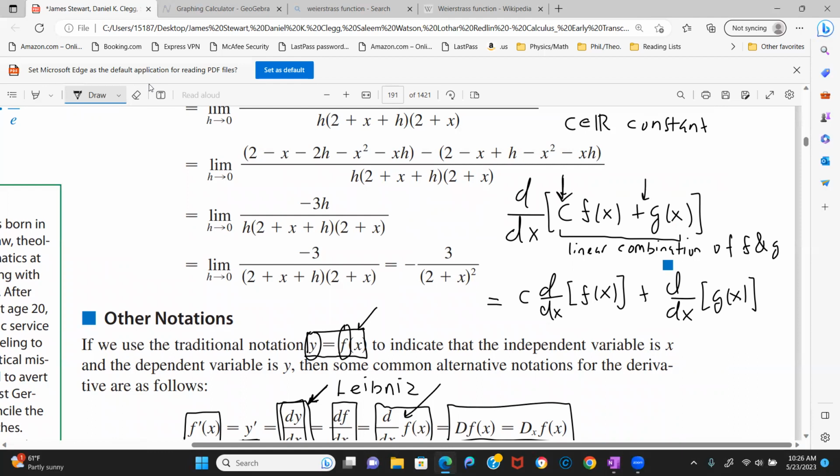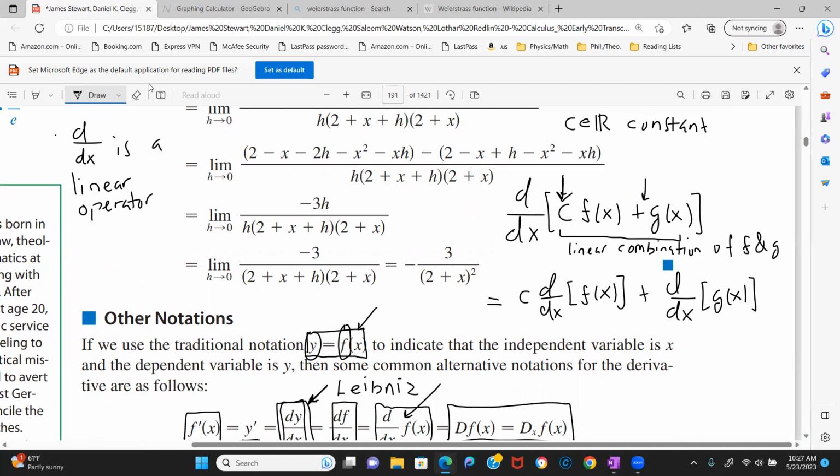So what this says is that d over dx is a linear operator on the space of functions, or some subset of the space of functions, because not every function is going to be differentiable. Not even every continuous function is going to be differentiable.